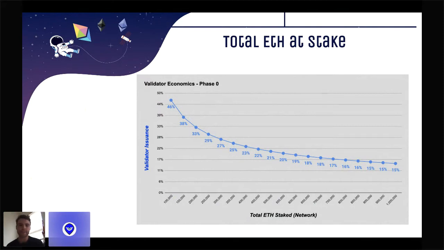This issuance is gross, so it doesn't include validator cost, which the model includes, and we'll go down that rabbit hole in a bit. From 100K to 1 million ETH staked, it starts at 46% and works its way down to 15%. These numbers aren't perfect and round, and won't be exactly as presented here today, but this shows what we can expect at the highest level based on its design.